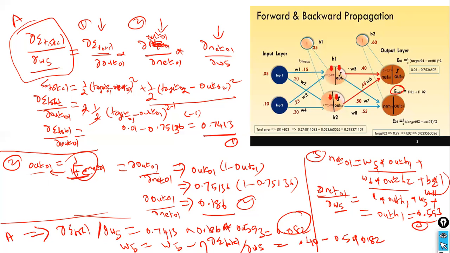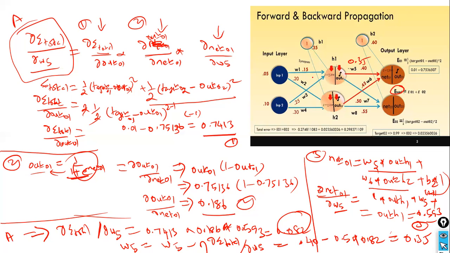Okay. So here, if you do the math, you will get something like 0.35. Now we got the new weight, 0.35. So likewise, you need to take the partial derivative for all these things.